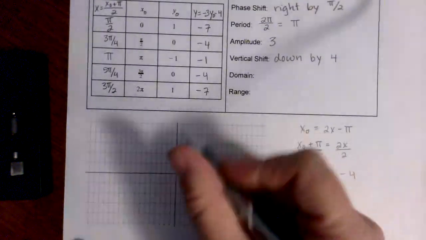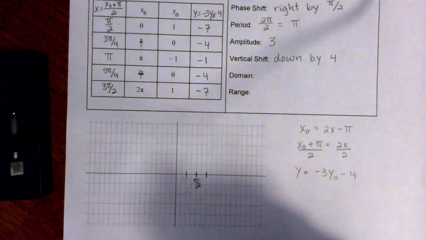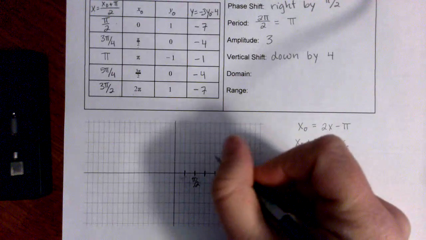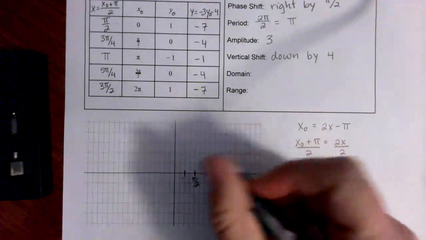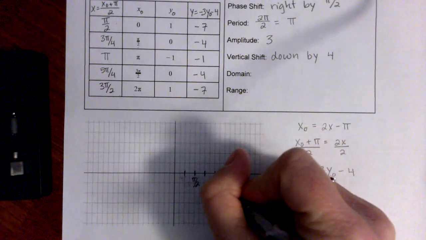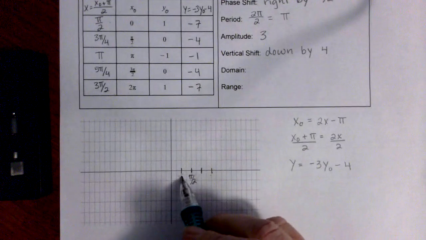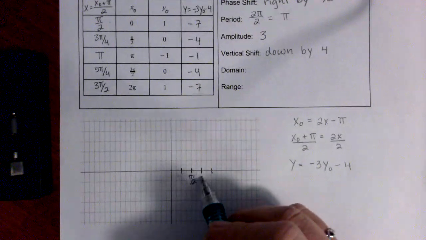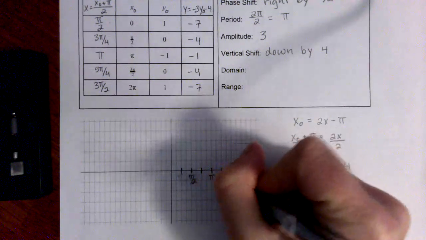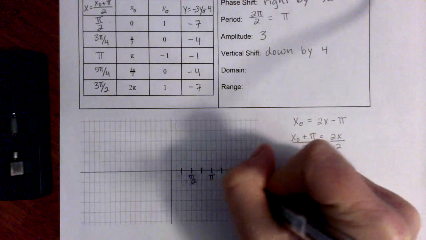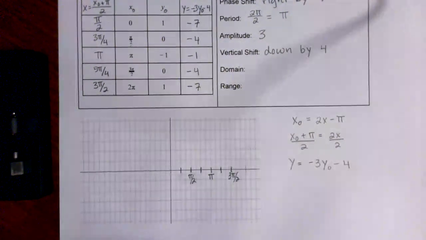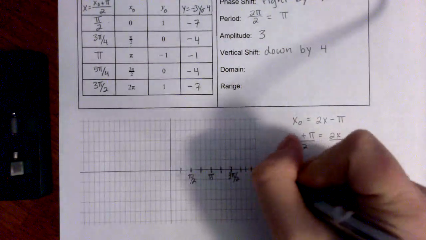It was getting too crowded. 3 pi over 2, 4 pi over 2. 1 pi over 4, 2 pi over 4, 3 pi over 4, 4 pi over 4, which is pi. This would be 3 pi over 2. This would be 2 pi.